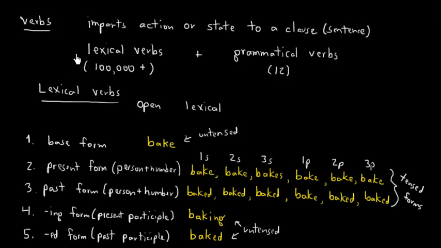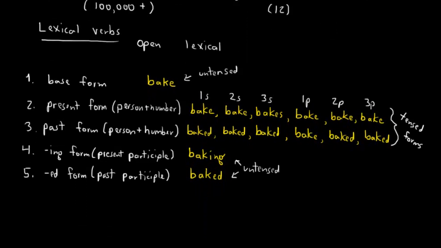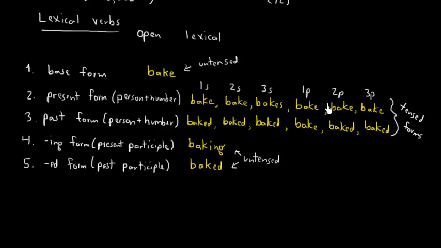Okay, and then we talked about lexical verbs versus grammatical verbs, and how even though there are far more lexical verbs than there are grammatical verbs, you actually see them about the same amount of times in a given piece of writing. Okay, and then we started talking more about the lexical verbs, and we talked about the 5 forms that a lexical verb can take.